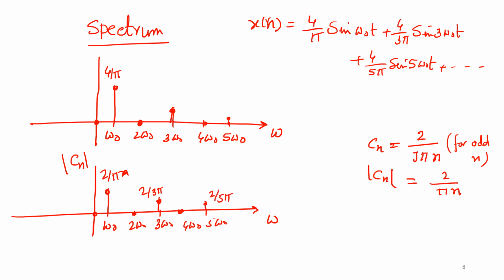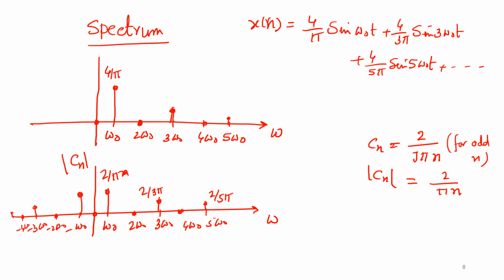Similarly here, this side, minus omega naught, minus 2 omega naught, minus 3 omega naught, minus 4 omega naught, like that. So here you will get symmetrical. This is same. This is 0. Then this one. Then it is 0. Again you will get next one. Okay.